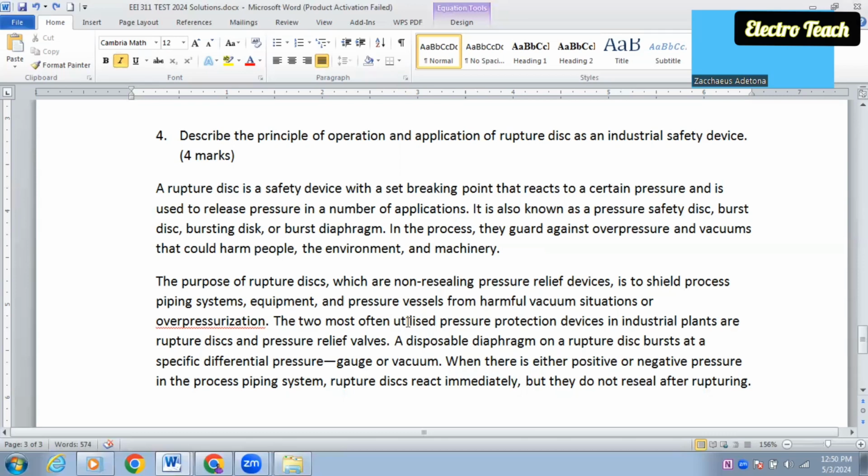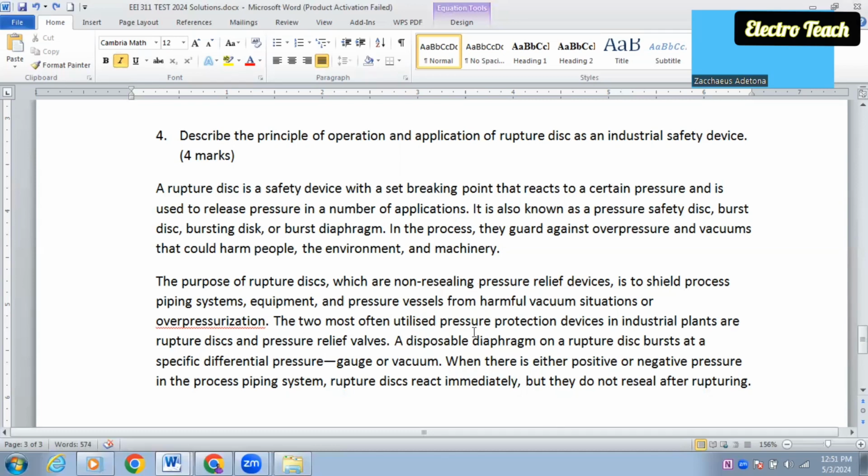The purpose of ruptured discs is that they shield process piping systems, equipment, and pressure vessels from harmful vacuum situations or overpressurization. And this is a device that is non-resealing. That is, when you use a ruptured disc and it operates, it bursts the diaphragm in it, and it does not reseal. You have to replace the diaphragm.